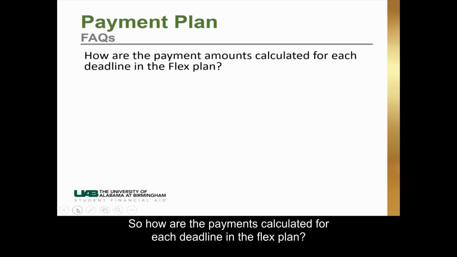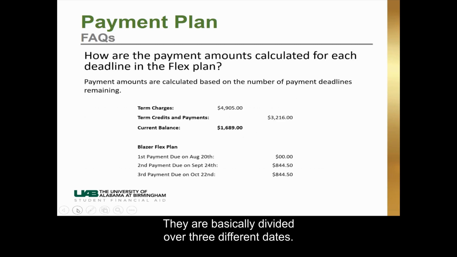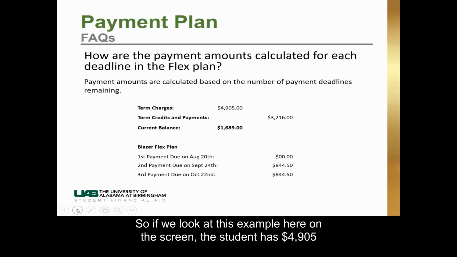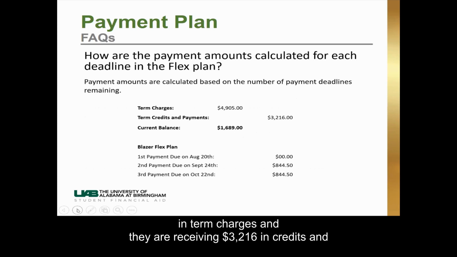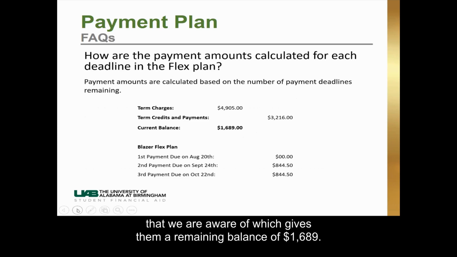So how are the payments calculated for each deadline in the Flex plan? Well, they're basically divided over 3 different dates. If we look at this example on the screen, the student has $4,905 in term charges, and they are receiving $3,216 in credits, and that could be in the form of financial aid or scholarships and things like that we're aware of, which gives them a remaining balance of $1,689.